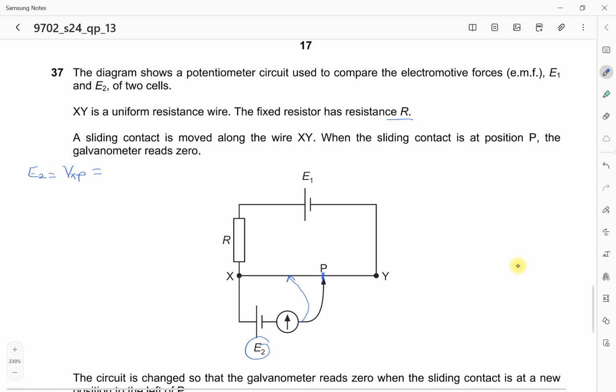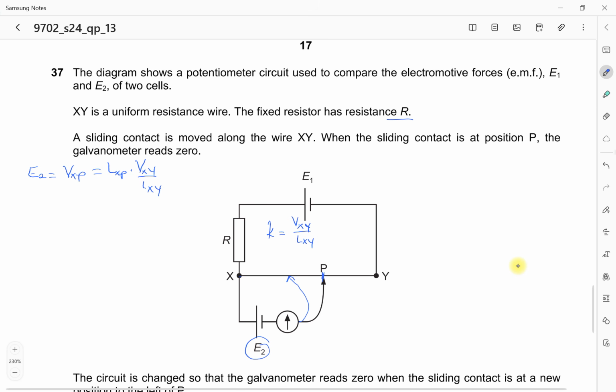And the PD across XP depends on the length and the PD per centimeter here. So there is a constant which we call the PD per centimeter. We call the constant K, which is going to be the PD across XY divided by the length XY. So if I want only the PD for XP, this is going to be the length XP times the PD across XY over LXY.